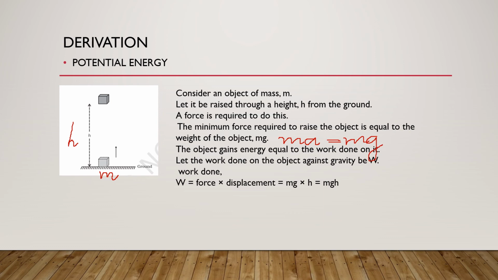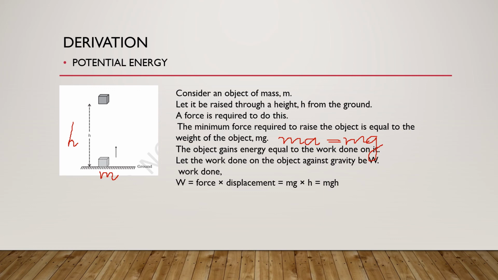Now the object gains energy due to the work done on it. We are applying a certain force on it, so work is done on the object. Work done on the object means it has gained some energy. It possesses some energy. This energy, which is possessed due to its position, is known as potential energy.